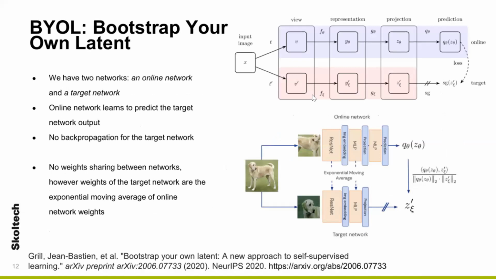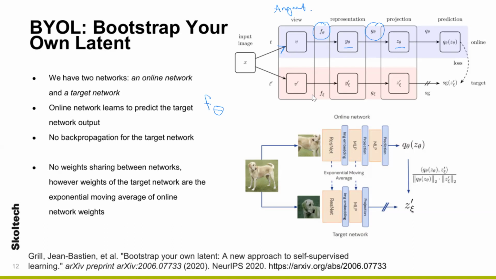We can try to do even better, and use only one latent representation. In this case, we compare not to a similar model, but rather to a smoothed version of our model. So we say we have our model at this step with parameters theta. We generate some view, like some augmentation, then construct a representation using our model f, then project to get y, and then project again to get z, and we want z to be close to some other representation.